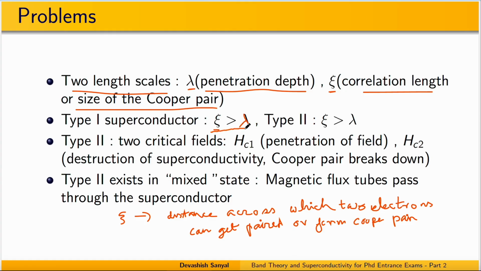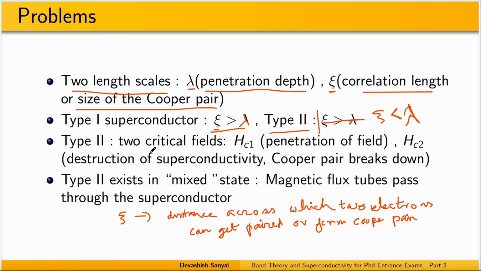But in type 2, this is less than lambda. This is the opposite. In a type 1 superconductor, the correlation length is greater than lambda. In type 2, the correlation length is less than lambda.